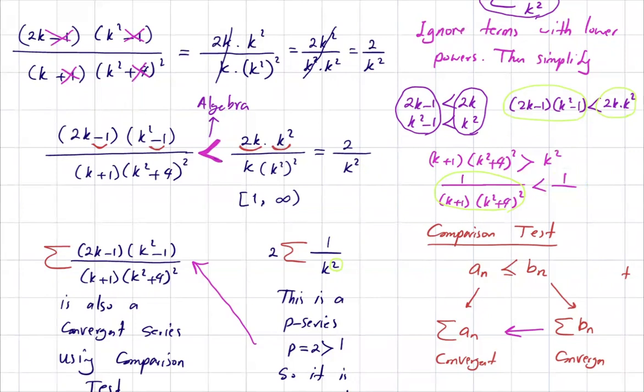K squared times k to the 4th. So you get k times k to the 4th. Then you do the multiplication and you simplify as you see here. 2 divided by k squared. Multiplication of these two and the multiplication of these two and the inequality stays the same.